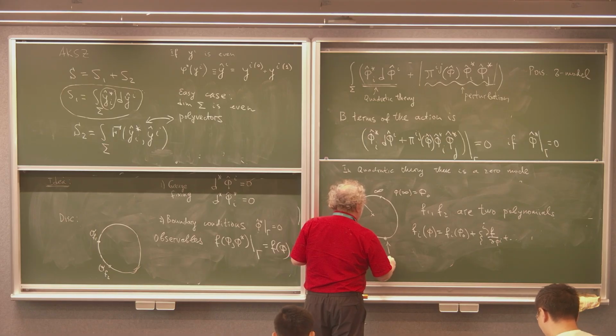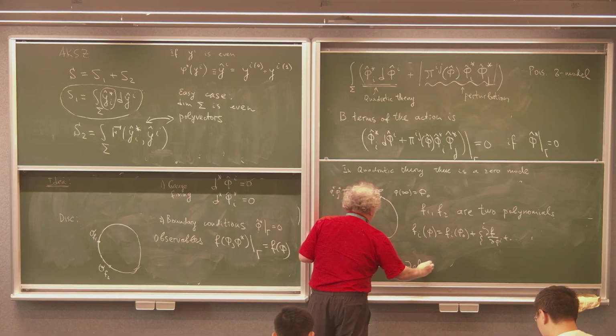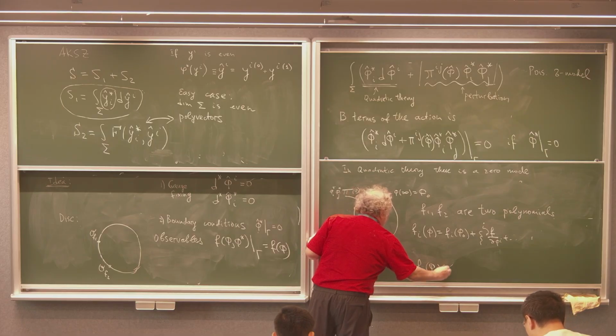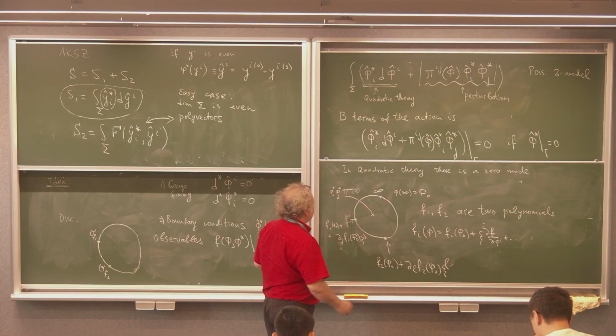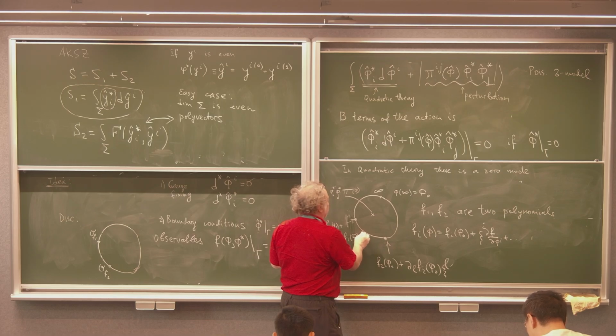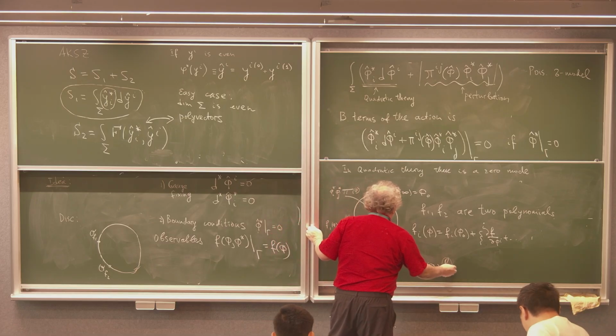F2 at phi 0 plus d_l F2 at phi 0 times psi l. Now I have fields psi, one side sitting here, another side sitting here.